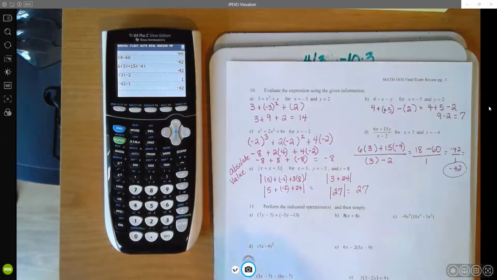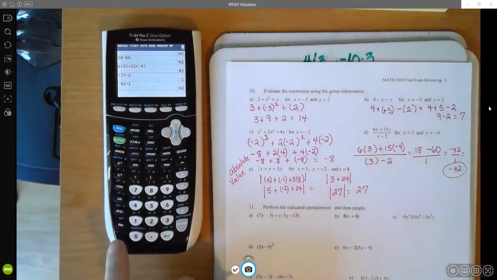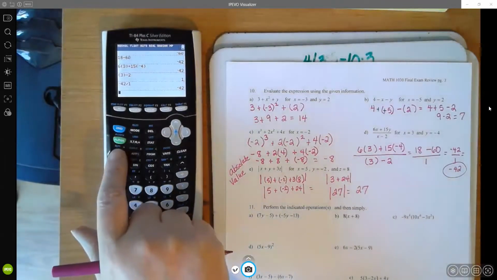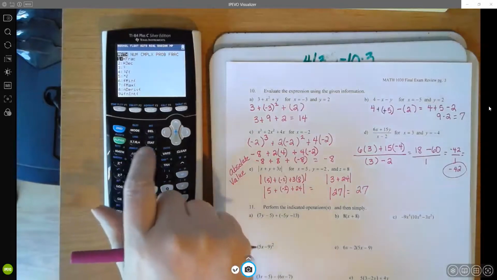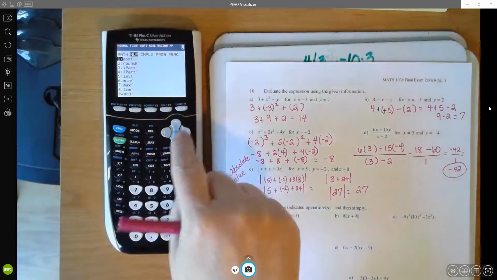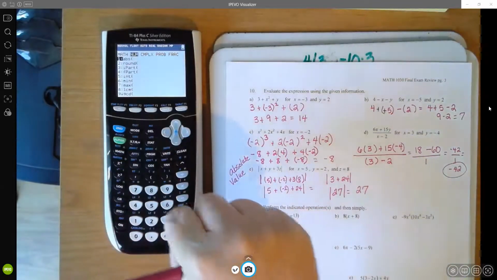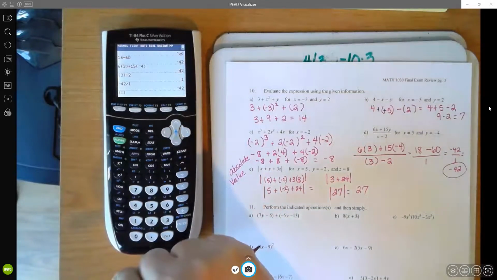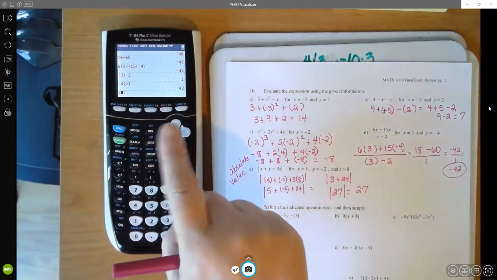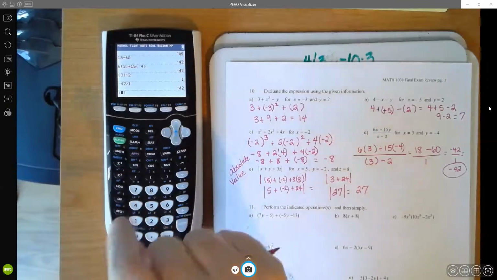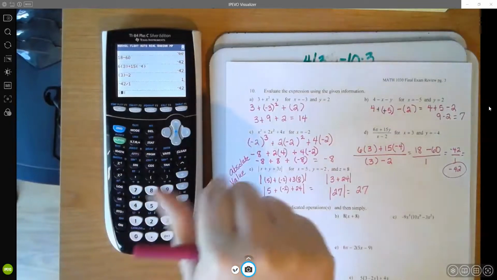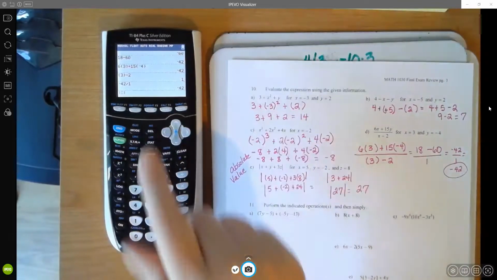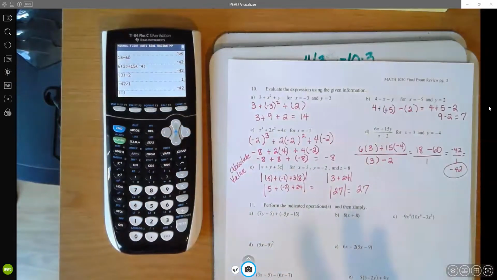So if we did that on the calculator, what would we get? You can do an absolute value on your calculator. If you go to math and go over to number, you see where it says ABS? That would be your absolute value. Some of your older calculators will say ABS in a parentheses. My newer calculator actually uses the bars.